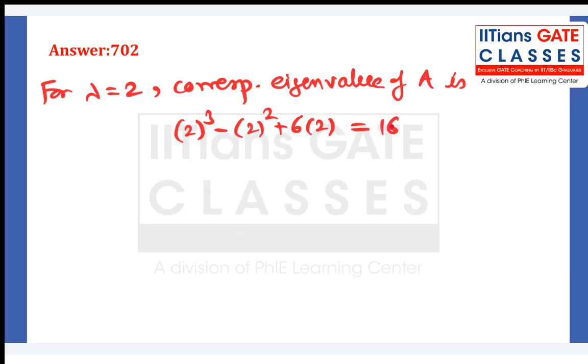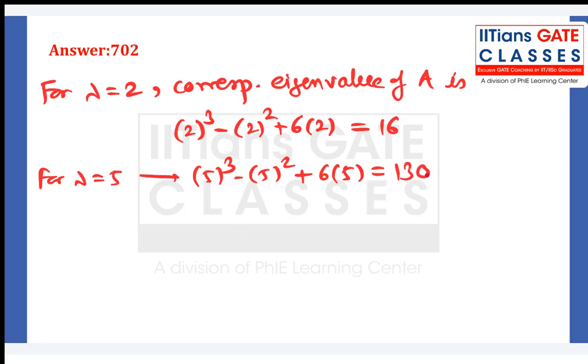Similarly, for lambda equal to 5, the corresponding eigenvalue of matrix A will be 5 cube minus 5 square plus 6 into 5. That is 125 minus 25 plus 30, which is 130.